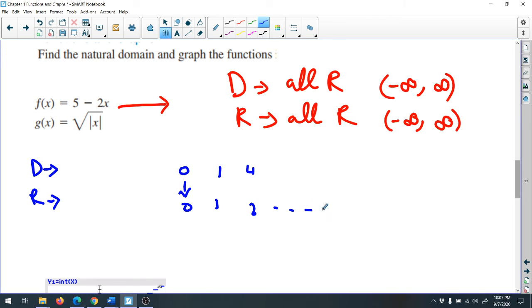And continue. Now we bring numbers less than 0. If you bring negative 1, the absolute value of negative 1 is 1, then the square root of 1 is 1. So you have an output, 1. Do the same, negative 2 becomes 2, then the square root of 2. Then negative 4, the absolute value of negative 4 is 4, the square root of 4 is 2.